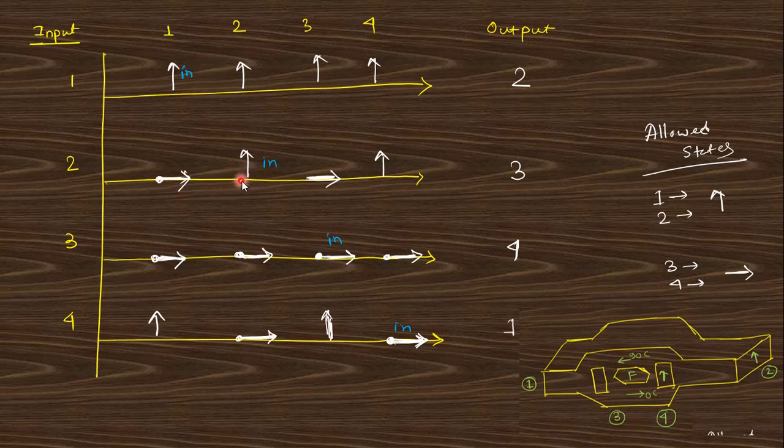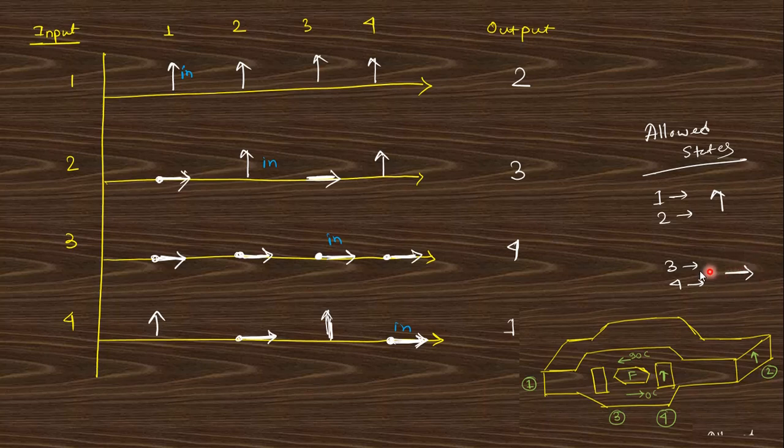Now if we input from 2, that means 4 will be the same, but from left to right this will be a 90-degree clockwise rotation. Clockwise rotation means along that direction, so 3 will be that and 1 will be that.